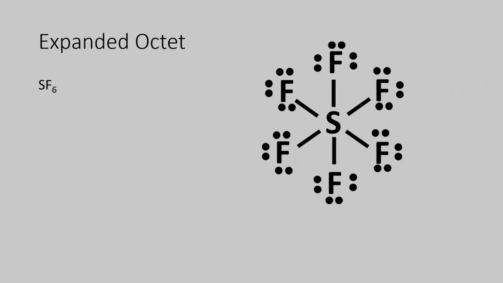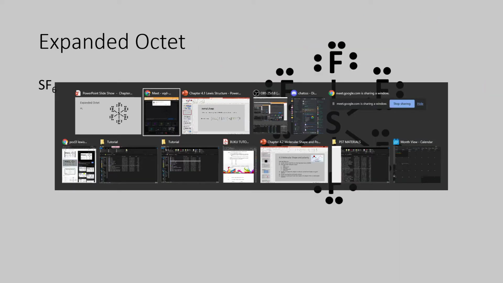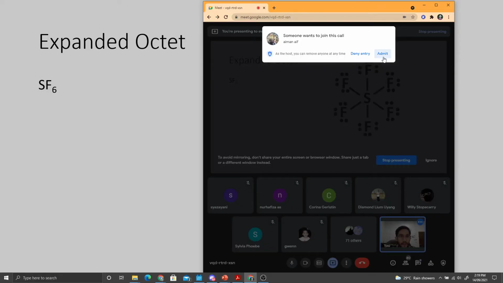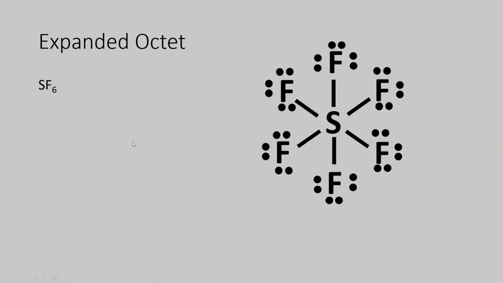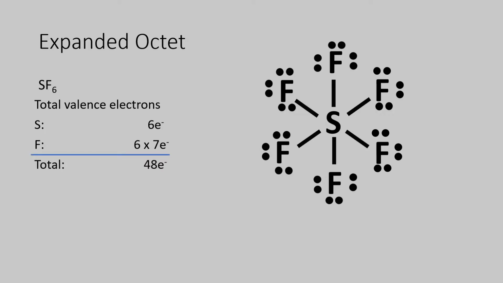Okay, example now is expanded octet. Sulfur is a special one. Why it can have expanded octet? Bila kita buat SF6, terus kita sebenarnya dah boleh tahu that it is expanded octet, because the only way untuk gabungkan semua ni is melalui S, and F ada 6 lah.